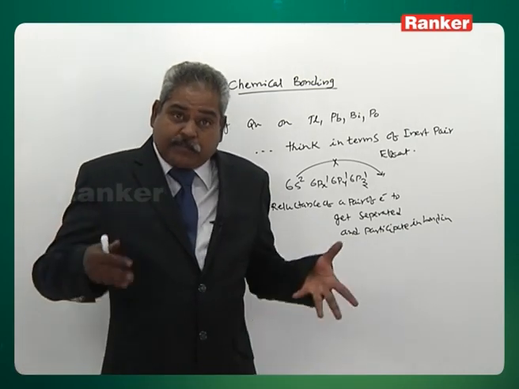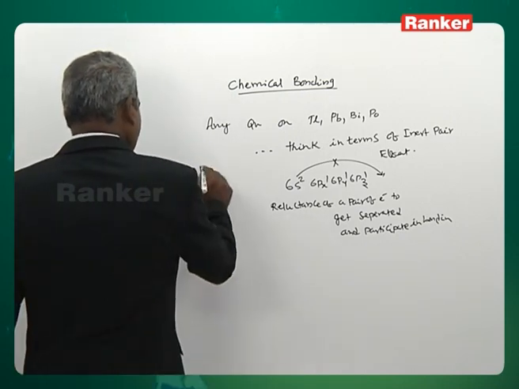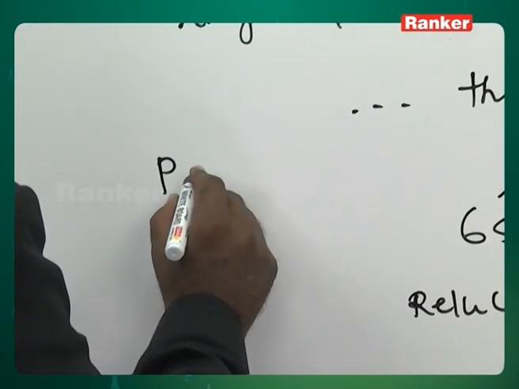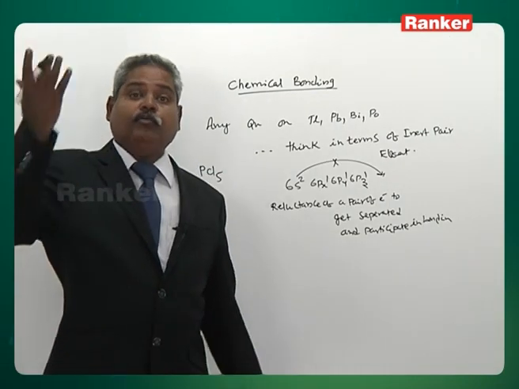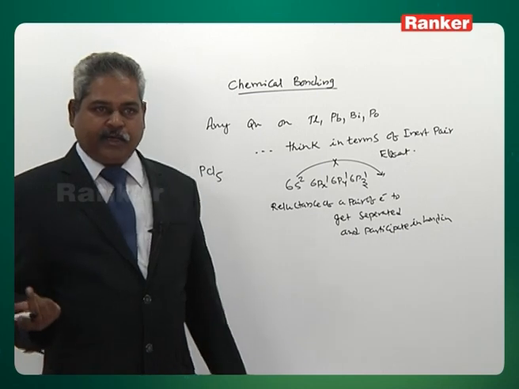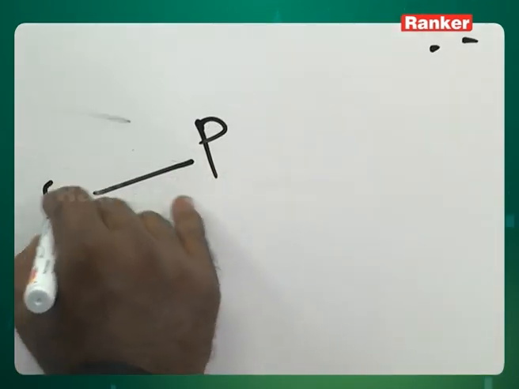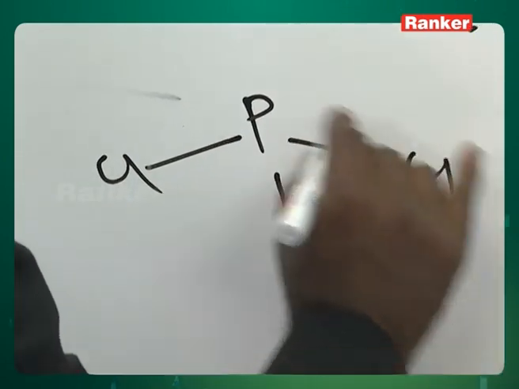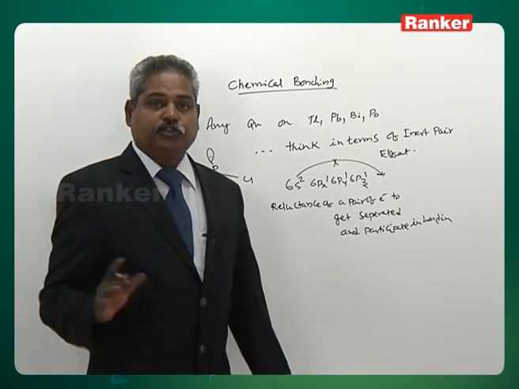While all other elements want to form as many bonds as possible, for example, phosphorus, will you form 3 bonds or 5 bonds? Phosphorus says I want to form 5 bonds. Phosphorus prefers more and more bonds. The reason being, in small atoms, they are afraid of the lone pairs. The lone pair-bond pair repulsions are high. Therefore, the pair has to be separated.